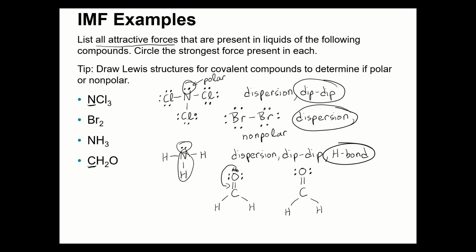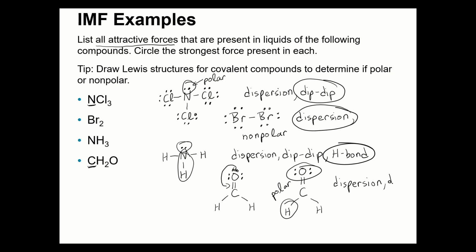So always, everything has dispersion. Now this is a polar molecule, but it's not because of the lone pairs on the oxygen. Remember, another reason that a molecule could be polar is because the outer atoms are different. So the fact that oxygen is different than hydrogen, that's what's making this molecule polar.